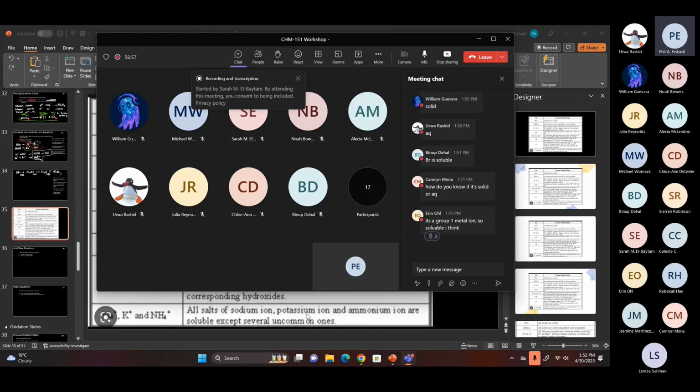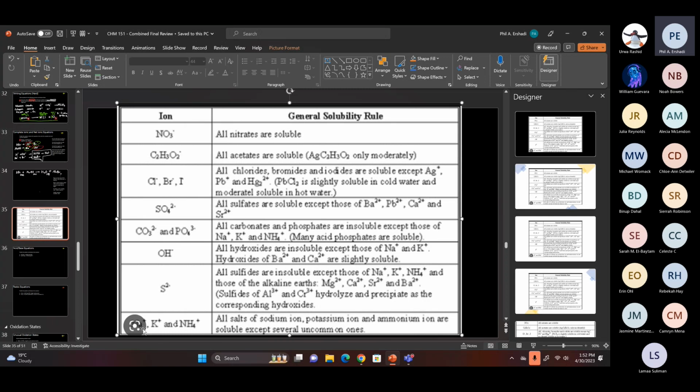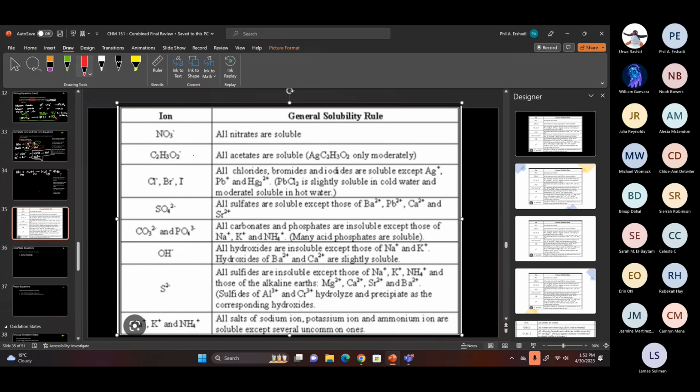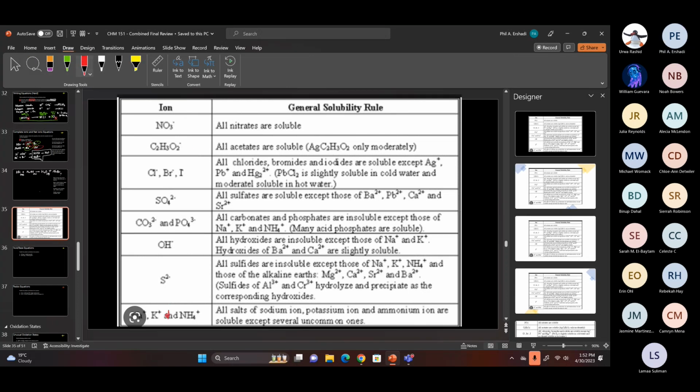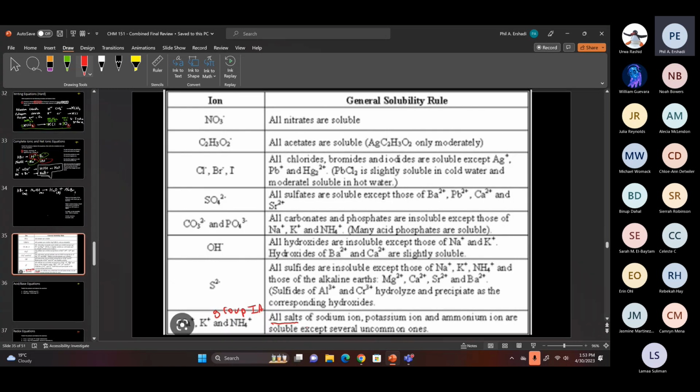It's metal. So look down here at the last rule on this page. It says anything in, actually, I'm going to make a little note here. That's anything in group 1. Anything in group 1A. All those salts that involve group 1A are for sure soluble.